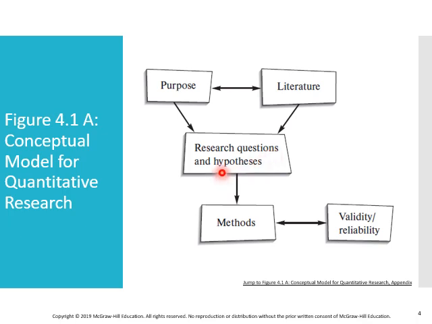After constructing those hypotheses and research questions, it leads to the researcher identifying the appropriate method or methods, after which the data collection process will begin, pursuing the validity and reliability of the data. Again, the researcher can also move back towards methods if it is necessary to tweak the study or perhaps add an additional method or an additional way of collecting data so that we can establish or raise higher validity and reliability. So this is a visual demonstration of what we talked about in the previous slide.